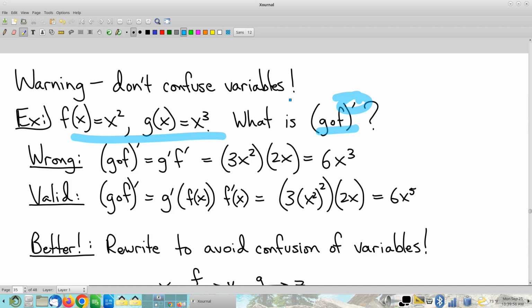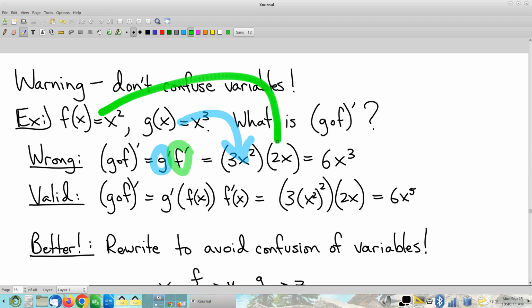Well, we would use the chain rule, and the chain rule says that the derivative of a composition is a product of the individual derivatives, and then we compute these individually. And let's see here, G prime is that, and F prime is that, and then you multiply and you get the wrong answer. Right?